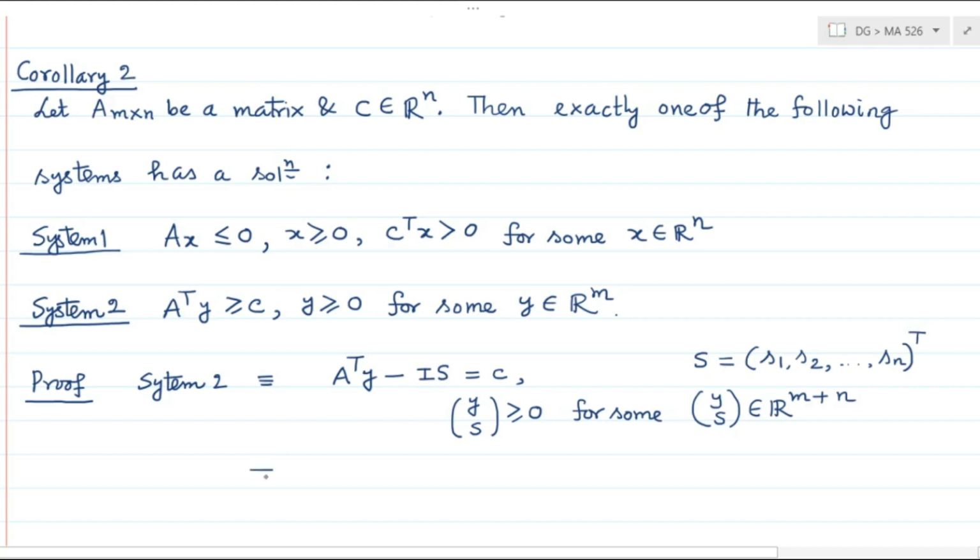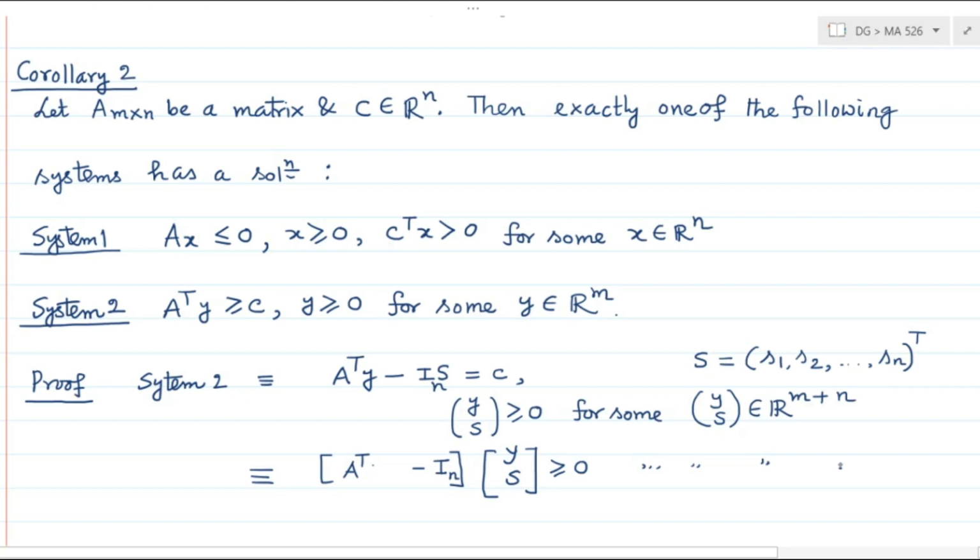Now this can be written as A transpose minus the identity matrix of order n, and then you consider the vector y, s is greater than or equal to 0 for some y, s belonging to R m plus n.